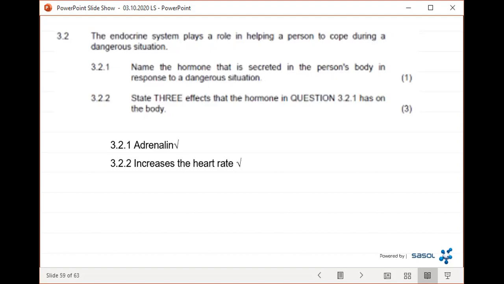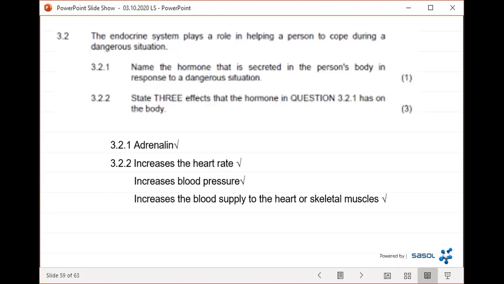So if you said it increases the heart rate, you get your mark, increase in blood pressure, increase the blood supply to the heart or skeletal muscles, increases the rate of breathing, stimulates the conversion of glycogen to glucose, you would get your mark. So the maximum number of marks you can get for question 3.2.2 is 3 marks.